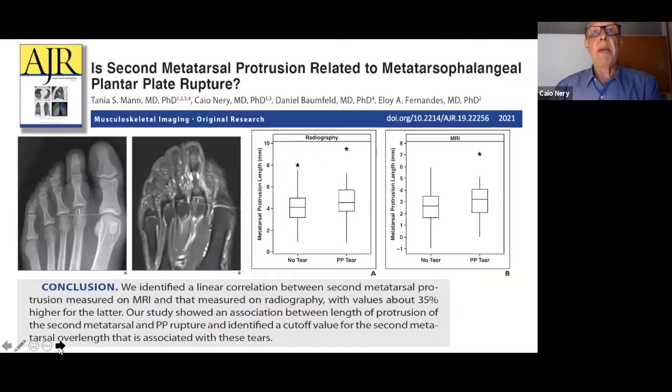In a recent paper comparing the second metatarsal protrusion measures in plain radiographs and MRI images, we identified the association between metatarsal protrusion and plantar plate tears. The overall cutoff value for the second metatarsal was found to be 5.5 millimeters in the plain radiographs.